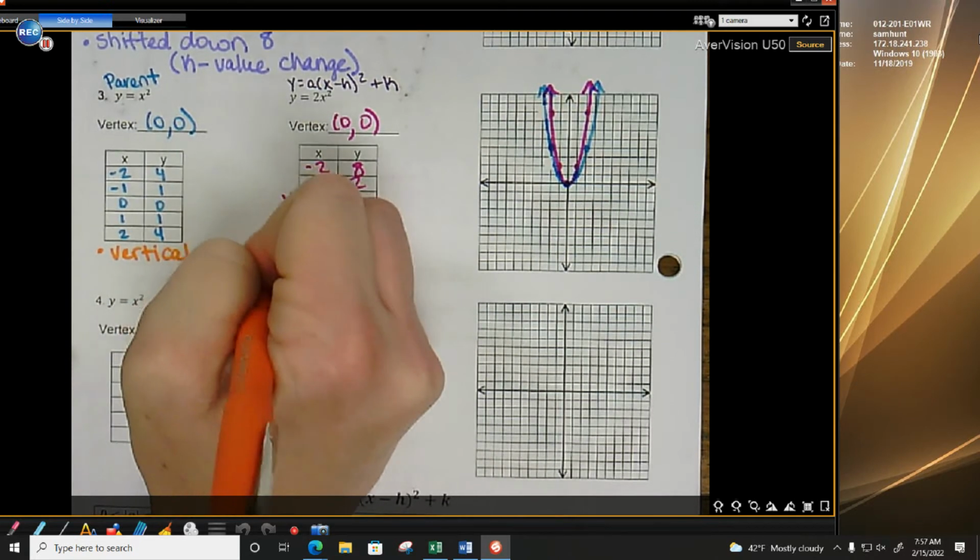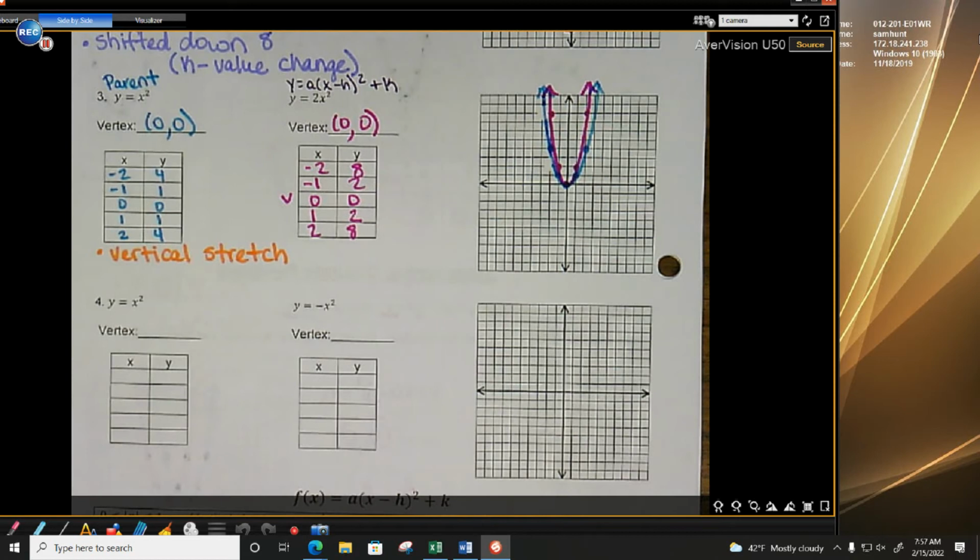Because we got taller and skinnier. Okay, think vertical stretch is tall and skinny. What would a vertical compression be? Fatter. Think short, fat, tall, skinny. Okay, vertical stretch, tall, skinny. Vertical compression, short and fat.